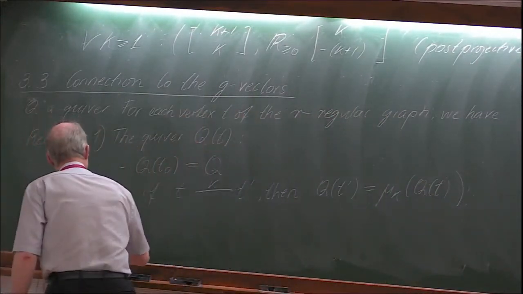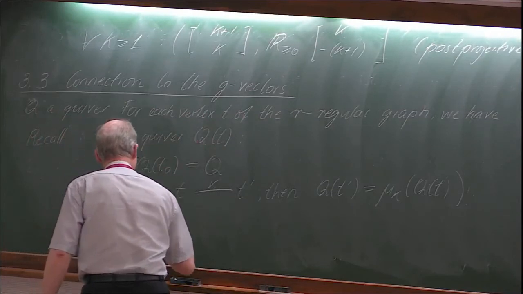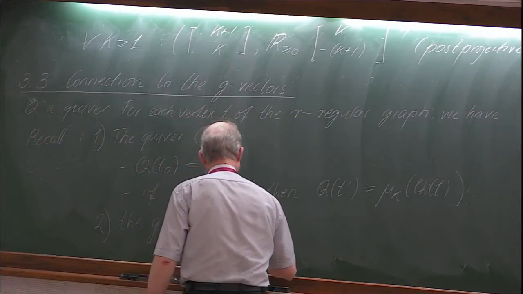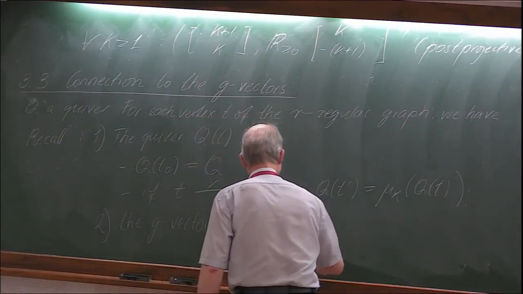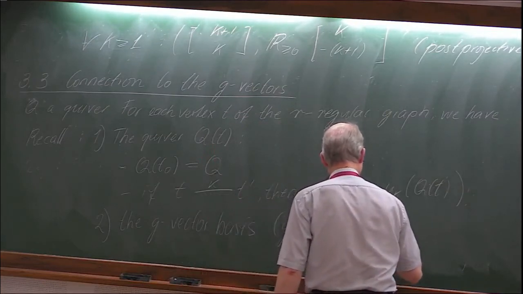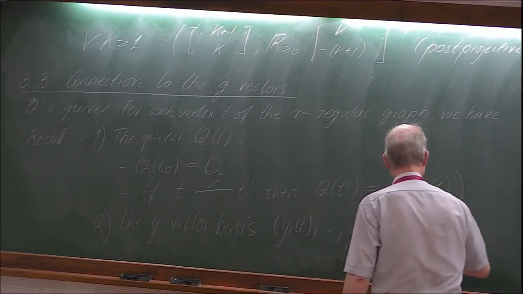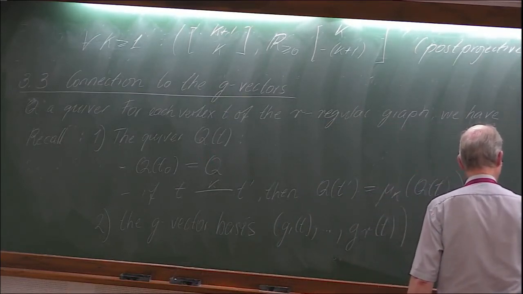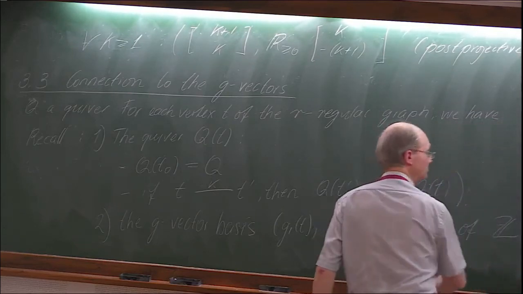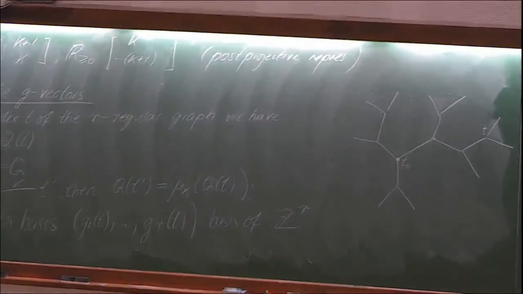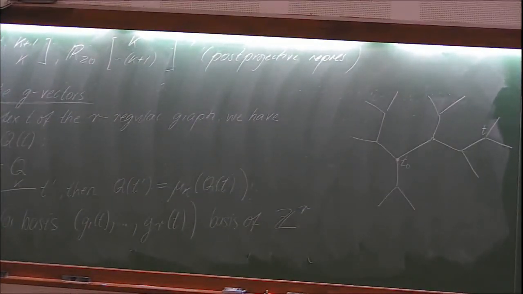Then we have the G vector basis, also associated with the vertex T, g_1,T to g_r,T. This is a basis of the lattice Z^r. And it's also defined recursively. At the root, it's just the standard basis.